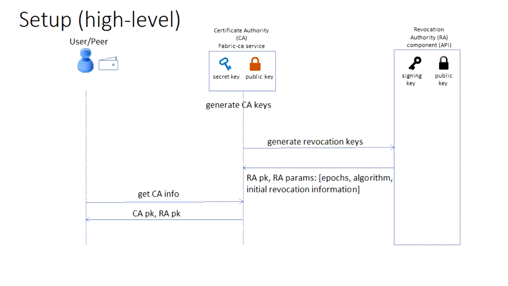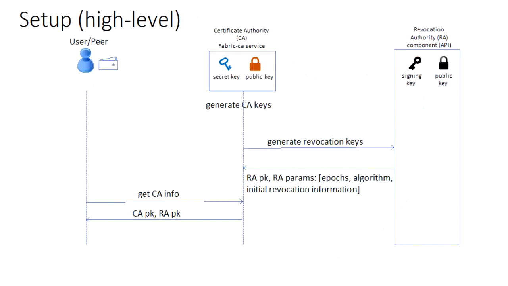Okay, if no questions, I'll just continue with the next slide. The first thing that needs to happen for a user to generate a credential is to get the CA's public key and the revocation authority's public key. When the CA starts up initially, the public key and secret key are generated, and the same for the revocation authority.